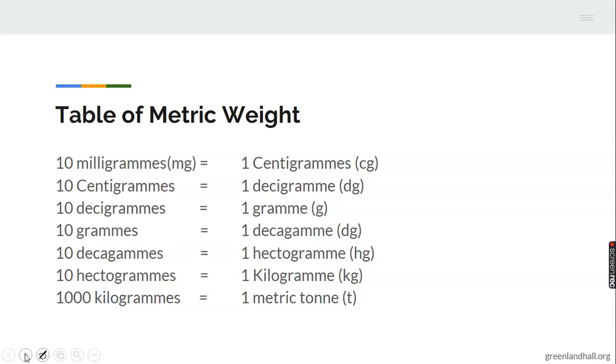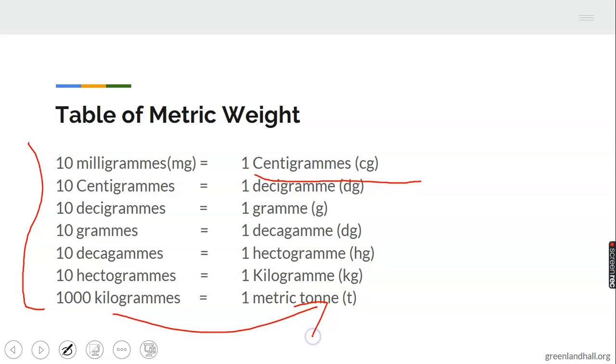So we have 10 milligrams giving us what? 1 centigram. What this means is that the measures on the left corner of my slide are small compared to the ones on the right corner.